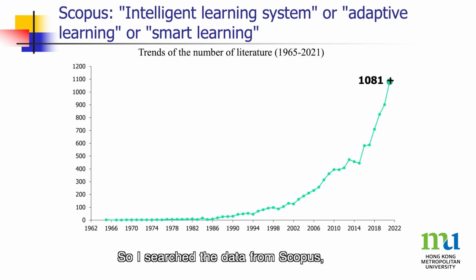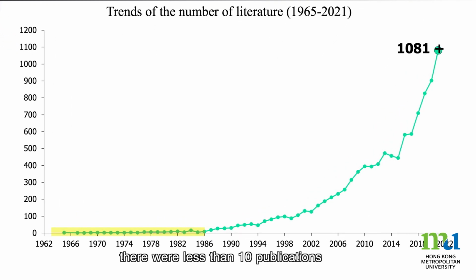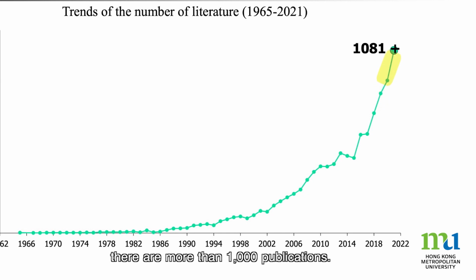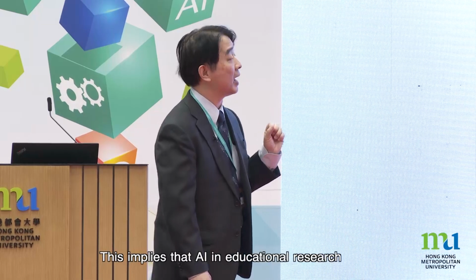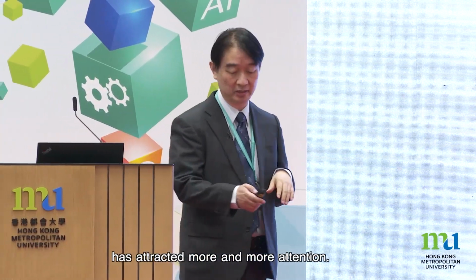So I searched the data from Scopus, and we found that in the early time, there were less than 10 publications regarding AI in education. However, in recent years, every year, there are more than 1,000 publications. This implies that AI in education research has attracted more and more attention.